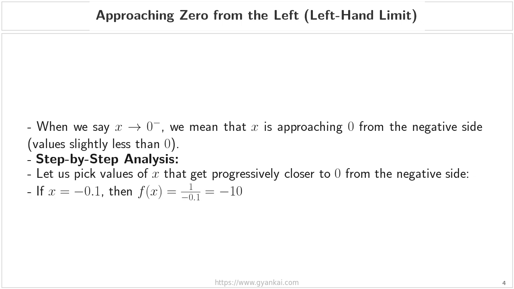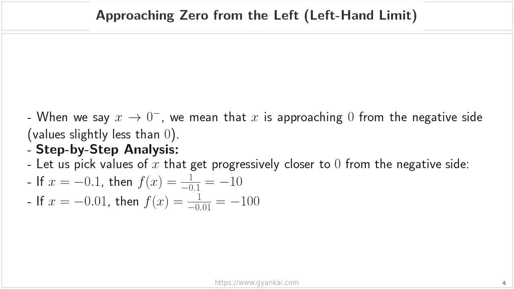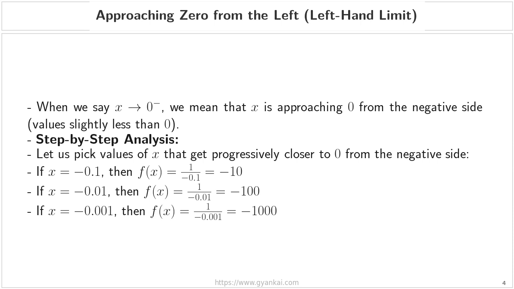First, if we let x equal negative 0.1, then the function 1 over x equals negative 10. If we move even closer to 0 and let x equal negative 0.01, the value of the function becomes negative 100. And if we take x to be negative 0.001, the result is negative 1000.